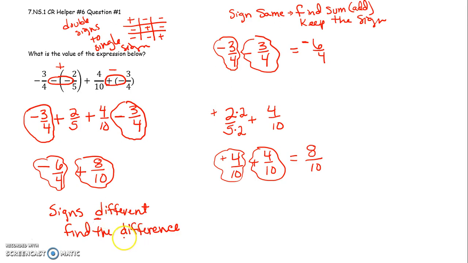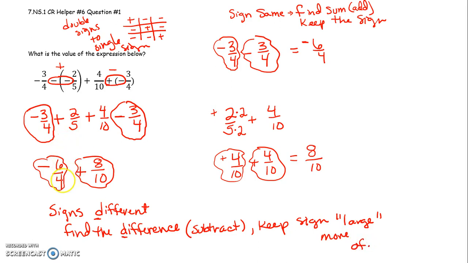We use the D's there. They repeat. That means we subtract. Then we keep what we have more of. Keep what you have more of. So keep the sign of the larger, or what you have more of.